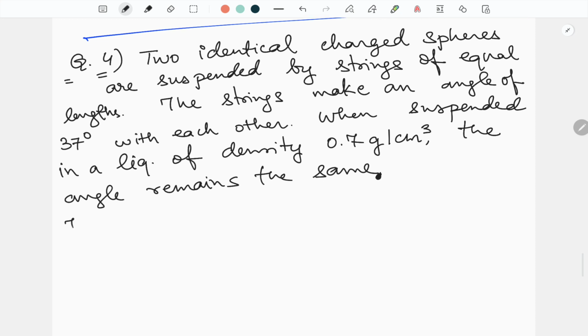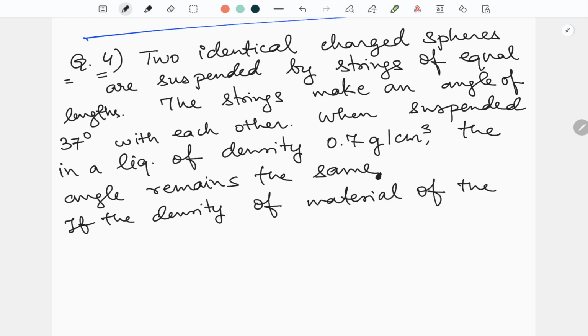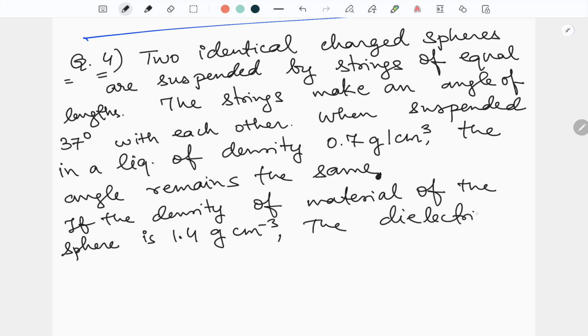If the density of the material of the sphere is 1.4 gram per centimeter cube, the dielectric constant of the liquid is.